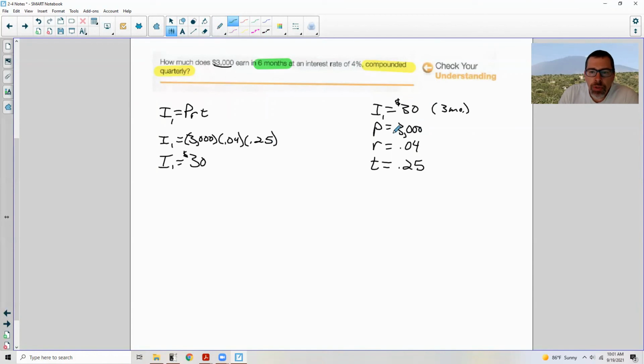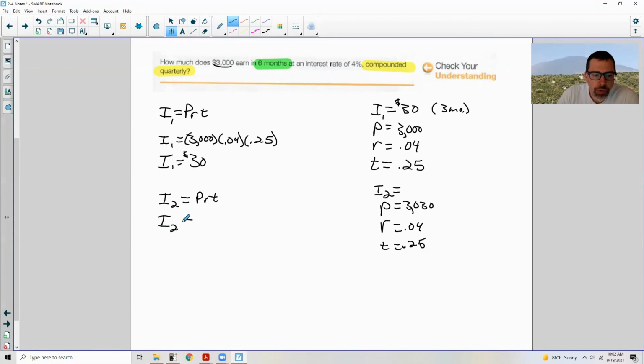So now my principal is my initial principal plus that interest. Now I'm going to say I sub 2 is what I'm trying to find. My new principal is $3,030, the interest plus principal. And then my rate is still 0.04 and my time is still 0.25. So now we're going to do interest for the second quarter equals PRT.